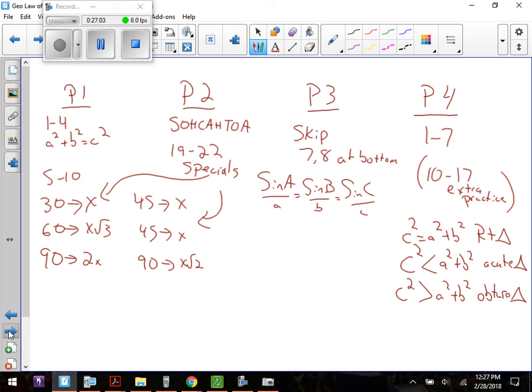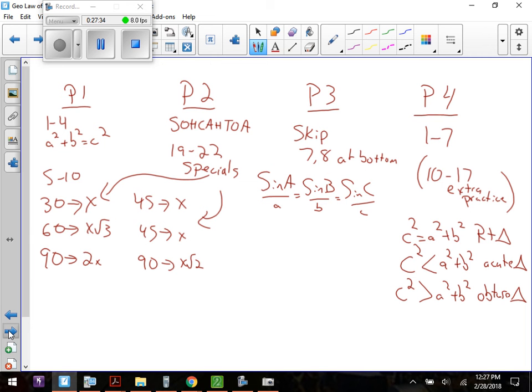We'll do some of those tomorrow. On the third page, the top 4 are just elevation and depression. The bottom of that page is all law of sines. I'm going to be going over a ton of this. I haven't quite decided yet if I'm going to collect it. I want you guys to get the first and third pages done for tomorrow, because those are the quick ones to go through. The other ones will take a little bit longer.